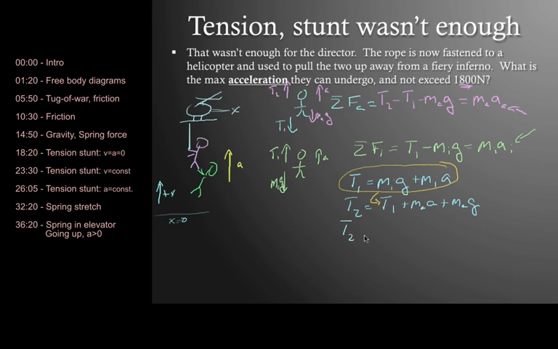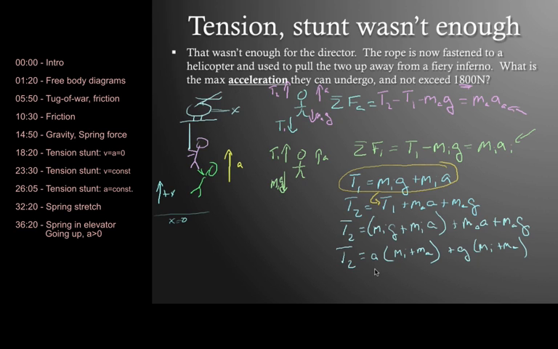So T2 is going to be equal to MIG plus MIA plus MAA plus MAG. So let's group all these accelerations together. So A times MI plus MA, and then group all the G's together, MI plus MA.